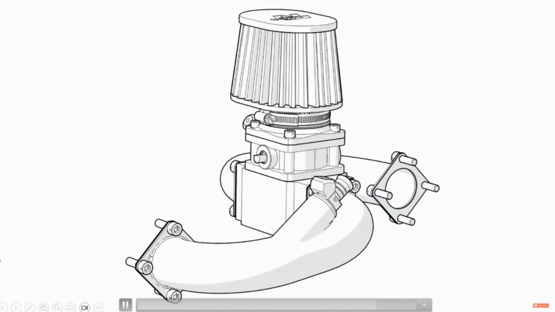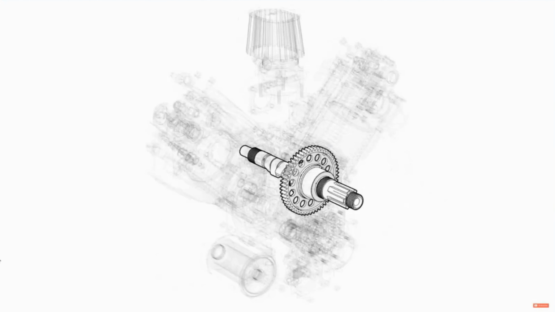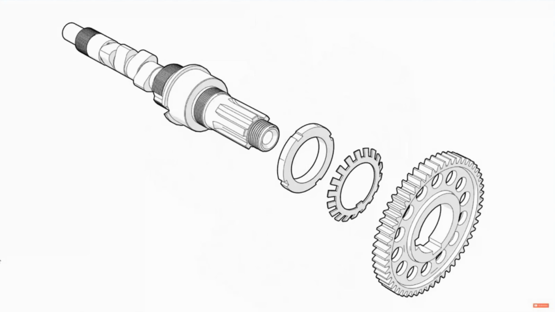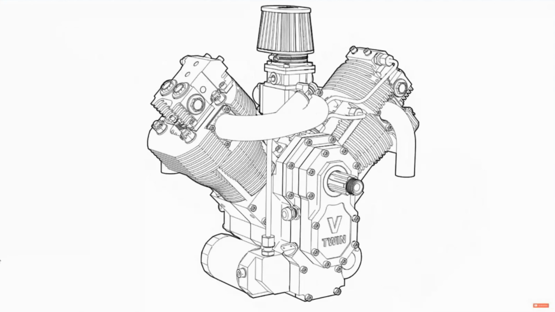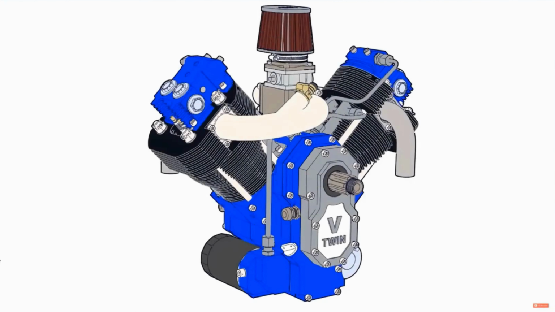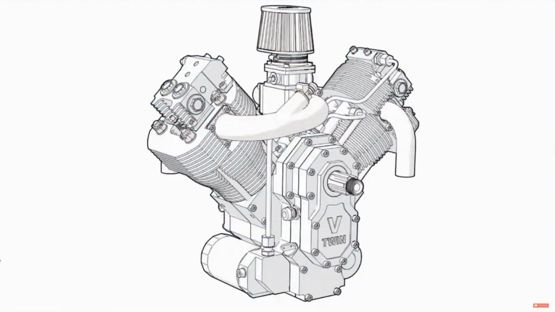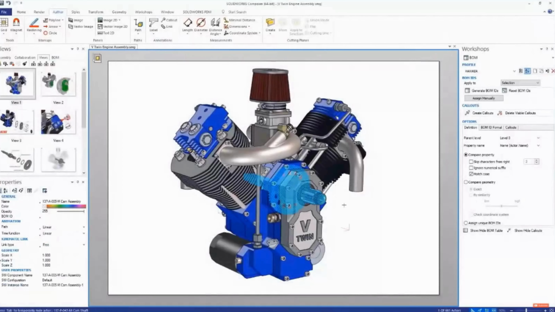You can also take the views of a particular section of the product or assembly, like this X-ray model and exploded models, changing the color, changing the orientation of the view. All such things can be done in SolidWorks Composer.